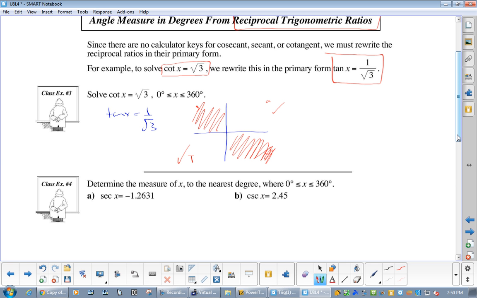Second tan 1 over root 3. 30 degrees. So ref equals 30 degrees. Do a 30 there and a 30 there. So your answers would be 30 degrees and 180 plus 30 is 210 degrees.